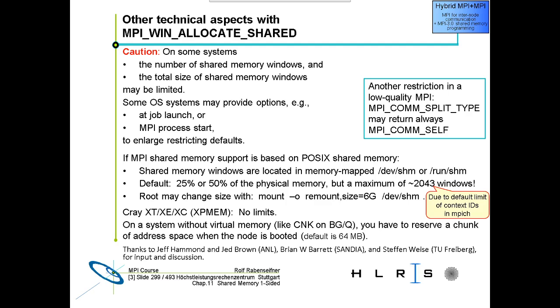Also, it's important to remember that MPI_Comm_split_type may return in some older MPI implementations just MPI_COMM_SELF and simply not perform the split into shared memory islands that we want to do. However, in the most recent approaches, this shouldn't be the case.